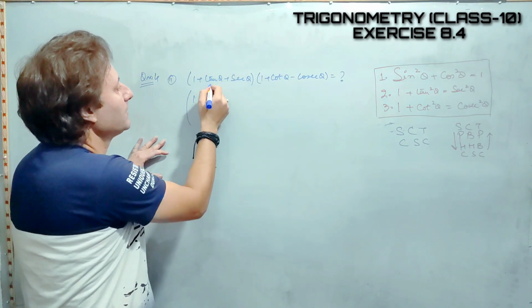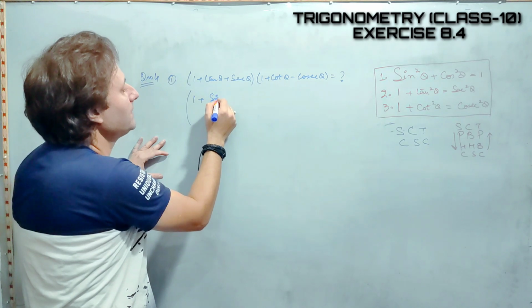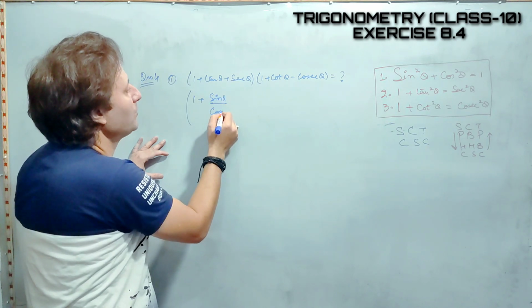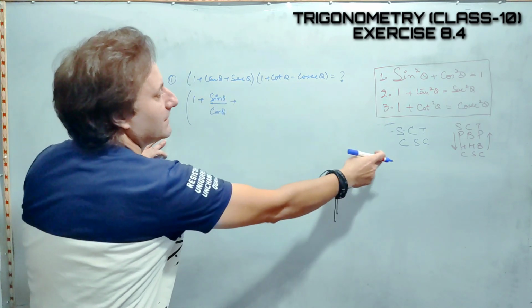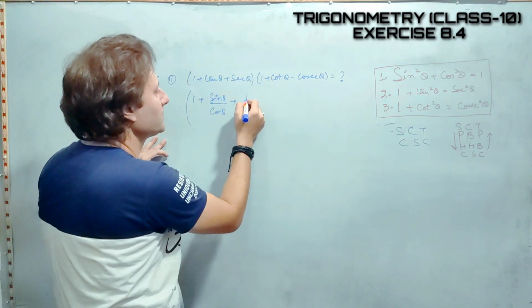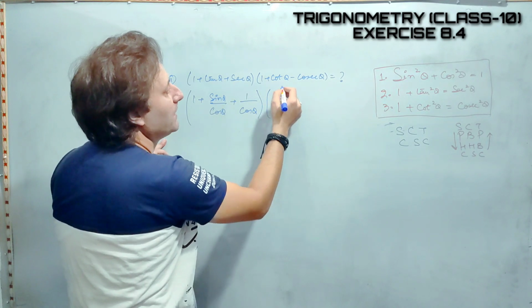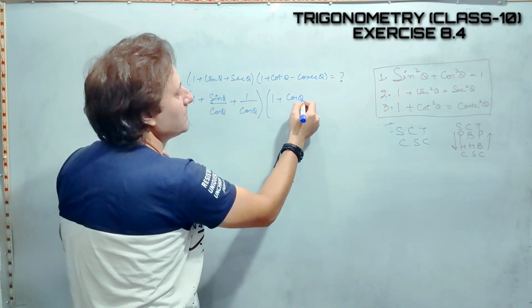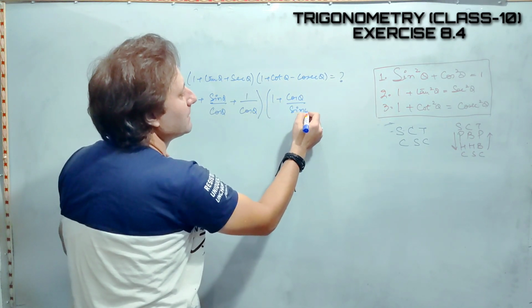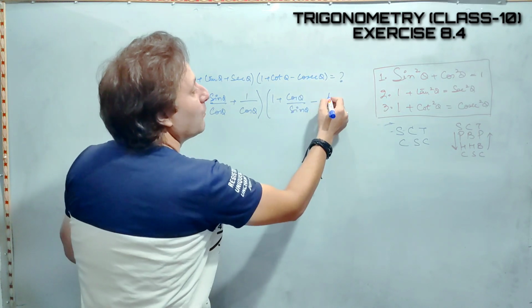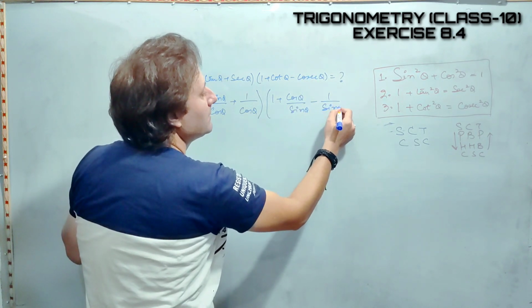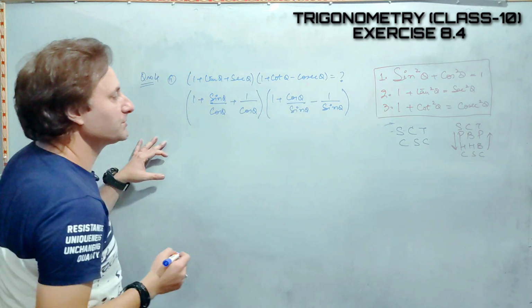It's 1. Then we know tan θ is sin θ upon cos θ, and sec θ is 1 upon cos θ. Then 1, we have cot θ, cos θ upon sin θ, minus 1 upon sin θ, because cosec θ is 1 upon sin θ.